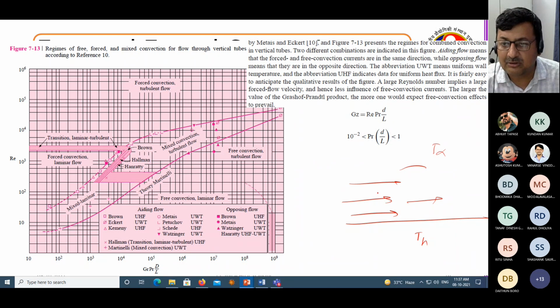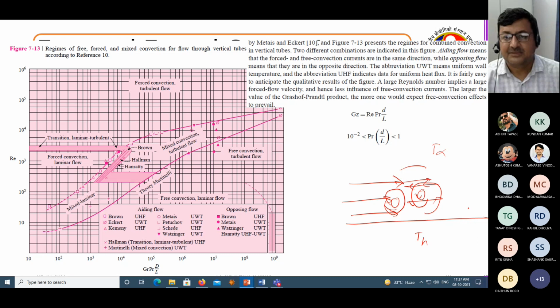So what will happen, although you are trying to remove the heat, since the temperature gradient is high, it can create a density gradient, so it may create recirculation zones here because of the natural convection. Now in this situation, you may see that this flow is in this direction and this flow is in the opposite direction. So this is called the opposing flow.